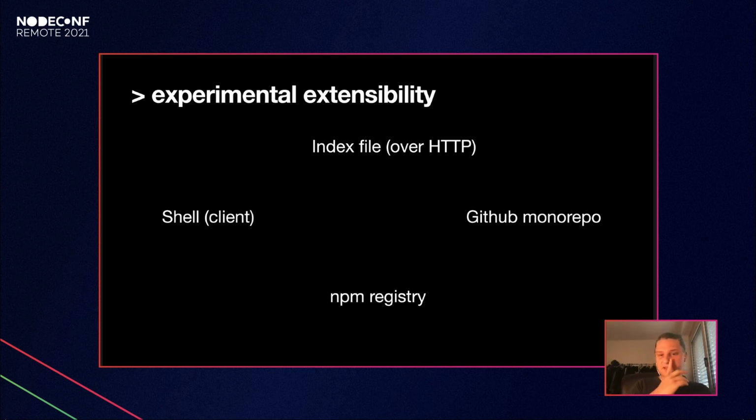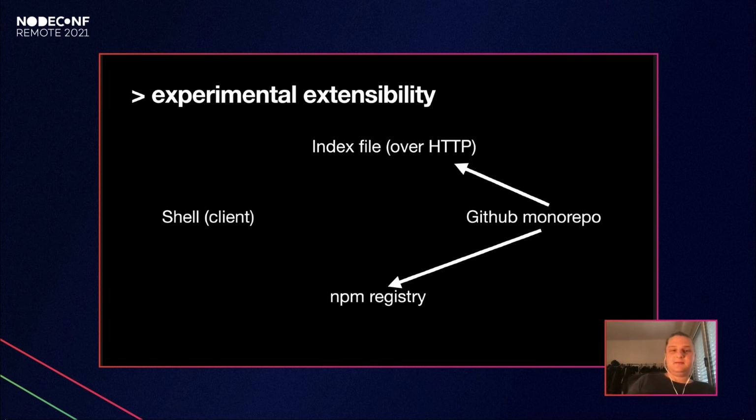We have an NPM registry that the shell interacts with, and an index file that lists all the snippets that are currently available. And so first step is, whenever something is changed in this GitHub monorepo, for example, a new snippet is added or one is modified, then 2 things happen. 1, the index file is updated, and 2, we publish those to the NPM registry.